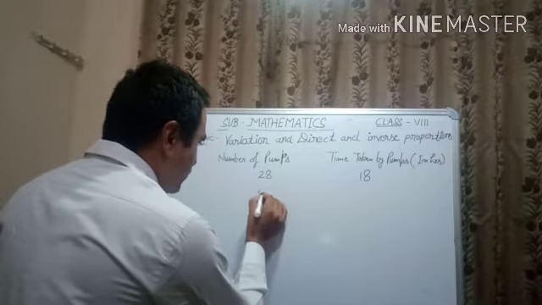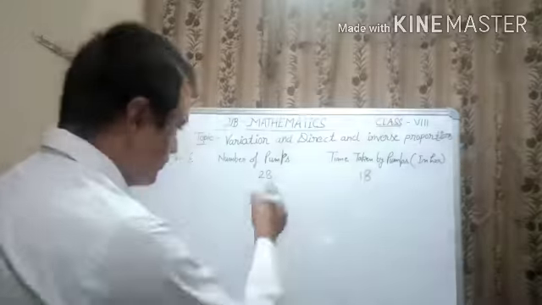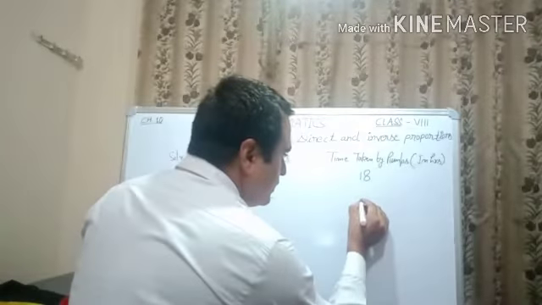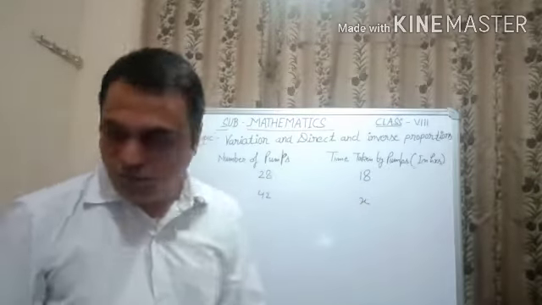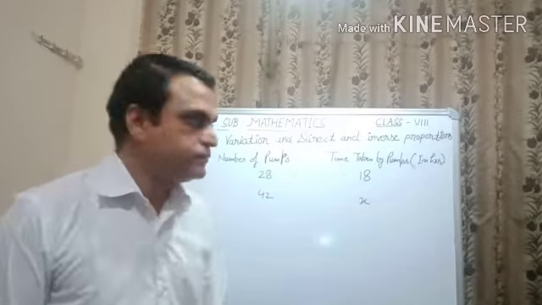If we take 42 pumps in the place of 28, in how many hours do we empty the reservoir?